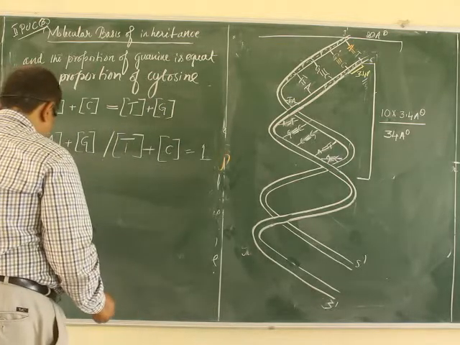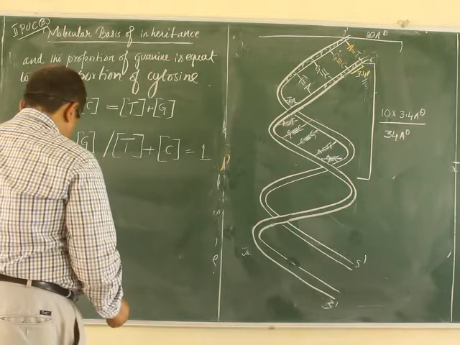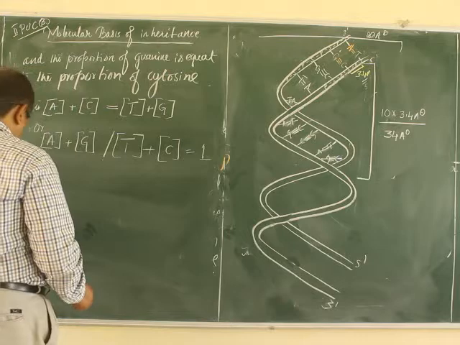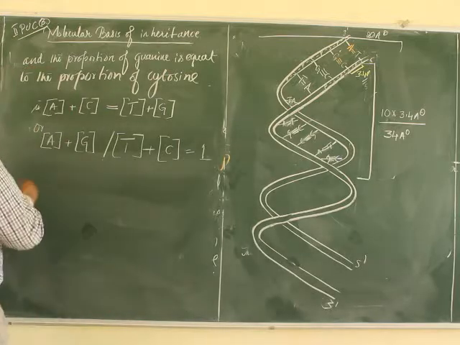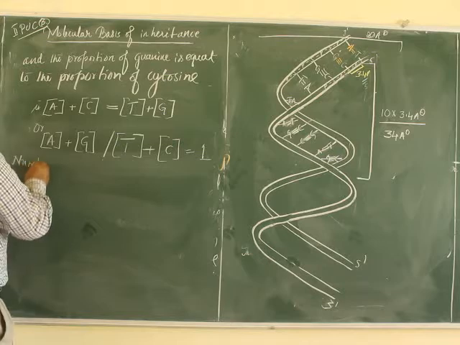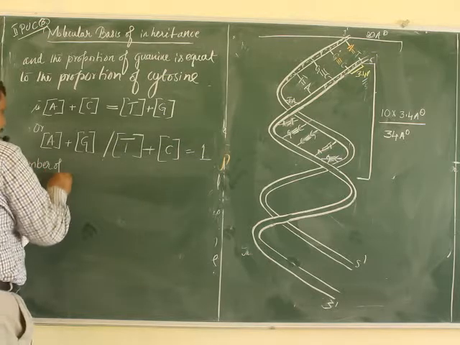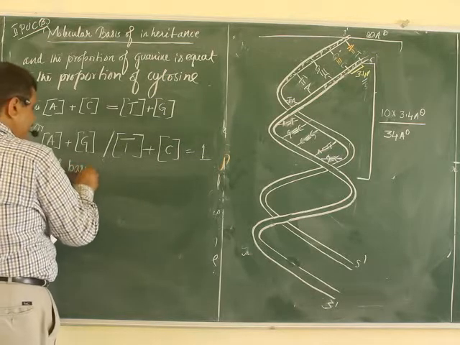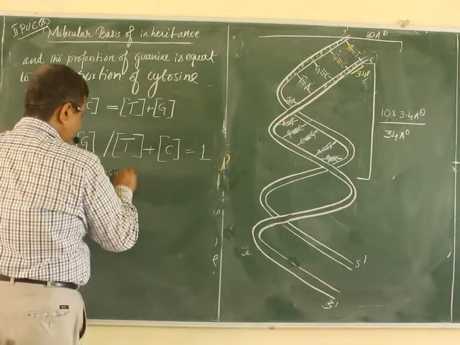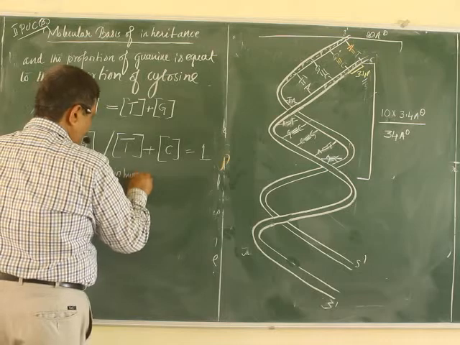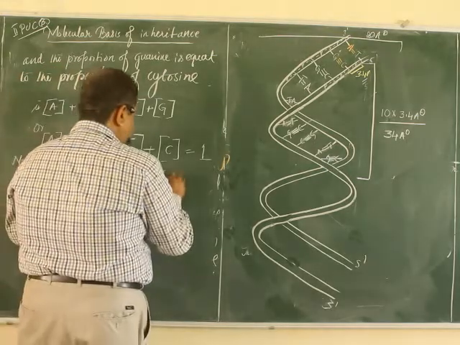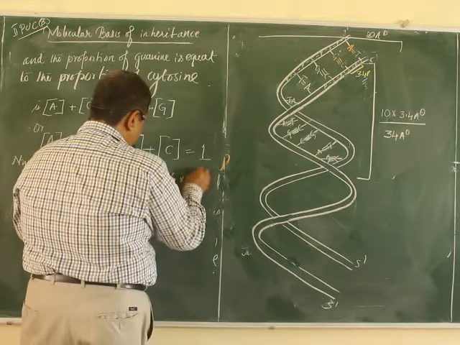So, the number of base pairs in humans is 6.6 into 10 to the power 9.